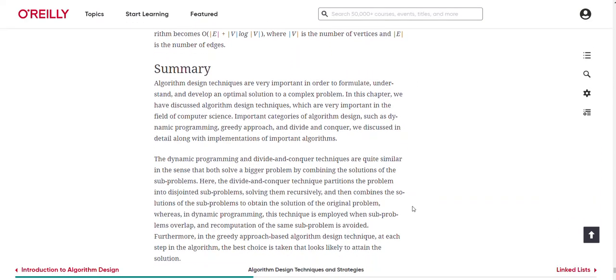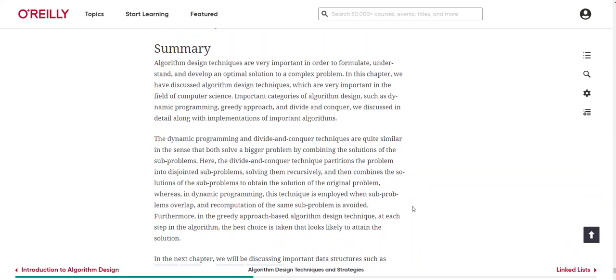Okay. And they go through and explain, we've got dynamic, we've got divide and conquer, and they're similar. We've got the concept of recursion. That can be a costly thing that we deal with if we're not careful about how we're using recursion. We've got the greedy approach.